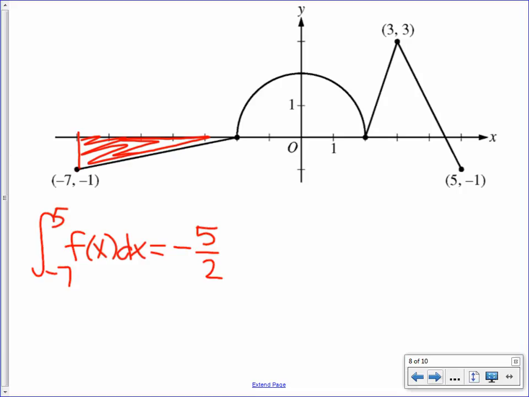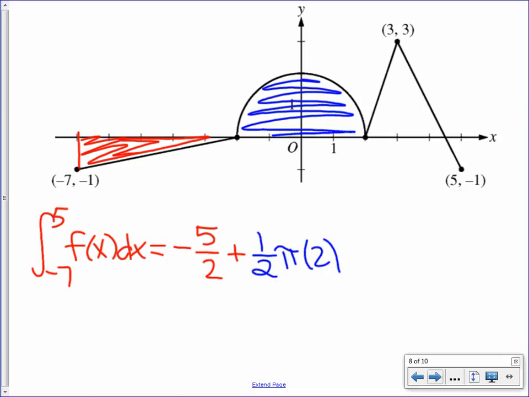Okay. Then we're going to add this area. What do we have? We have a semicircle with radius 2. So 1/2 pi r squared, 2 pi. Then we have a triangle. What is our base? 2.5. Okay, so our base is 5 halves times our height.